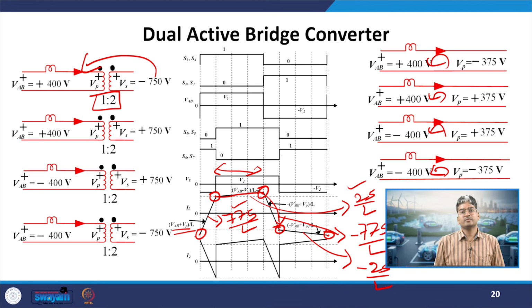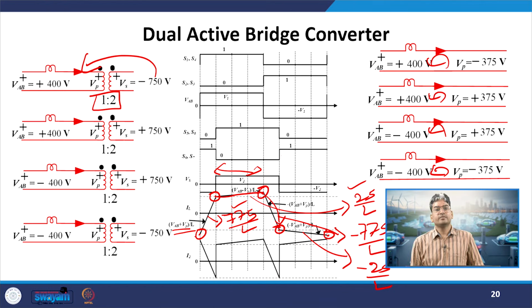In mode 2, previously it was maintaining constant current because zero voltage was applied, whereas in this case, as the difference between the reflected primary side voltage and the actual primary or source voltage is not zero, it will get some finite value. So, it will start charging, and in mode 3, similar observations will be repeated with negative polarity.